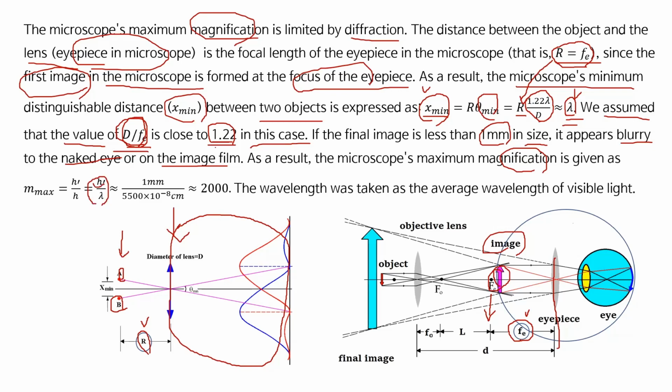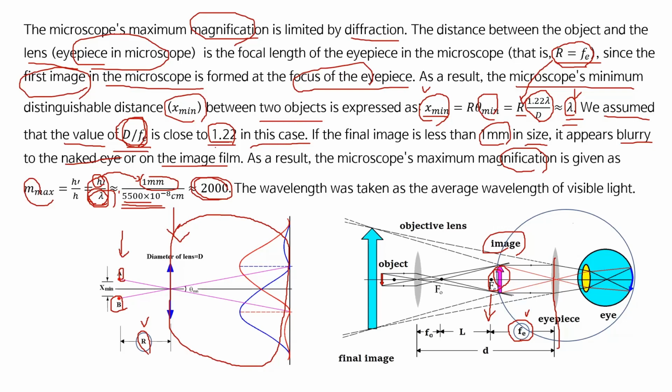So H prime is close to 1 millimeter, and the average wavelength of visible light is 550 angstrom, so we can put a number here. Then finally we have the maximum magnification of an optical microscope is about 2000. Okay.